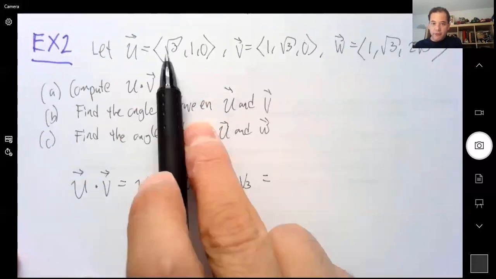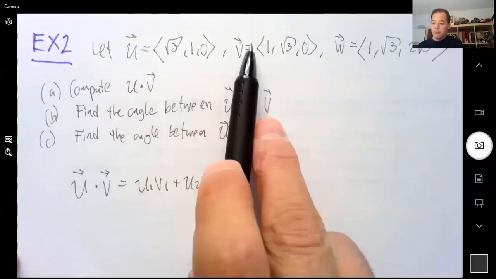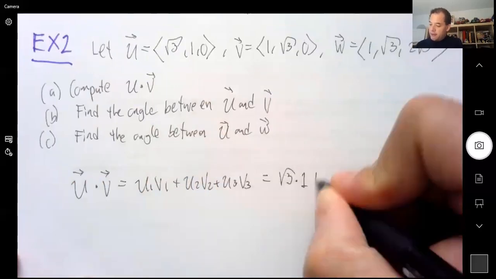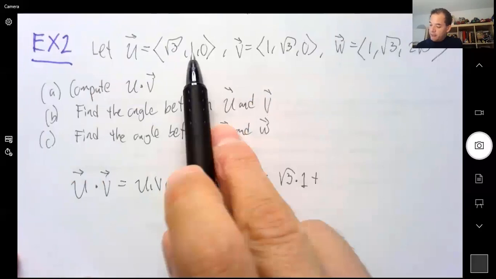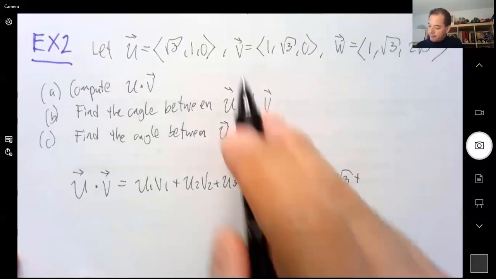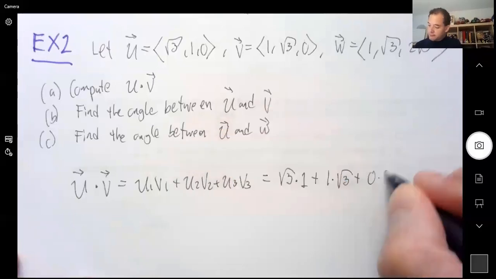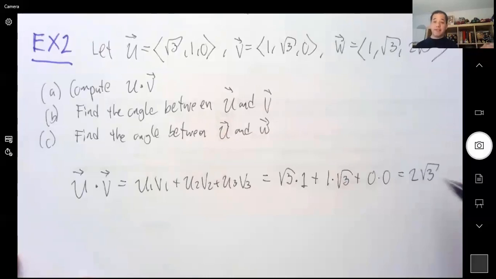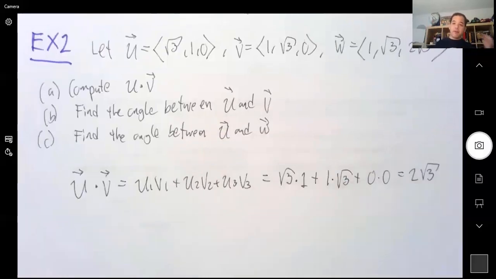This is u1, root 3, and this is v1, 1. So it's root 3 times 1 plus u2 times v2, plus 0 times 0. What is this? 2 root 3. That's it. We're done. That was painless. No problem.